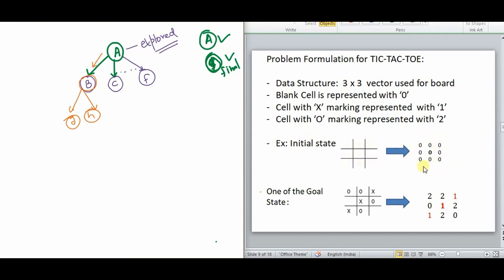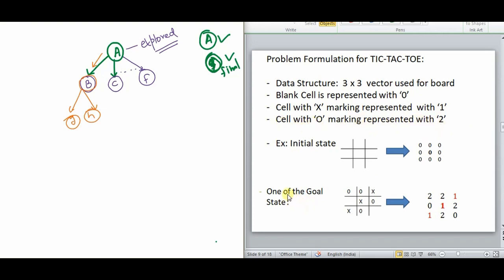Further, a cell with X marked in it will be represented with 1, and a cell with O marked in it will be represented with 2.